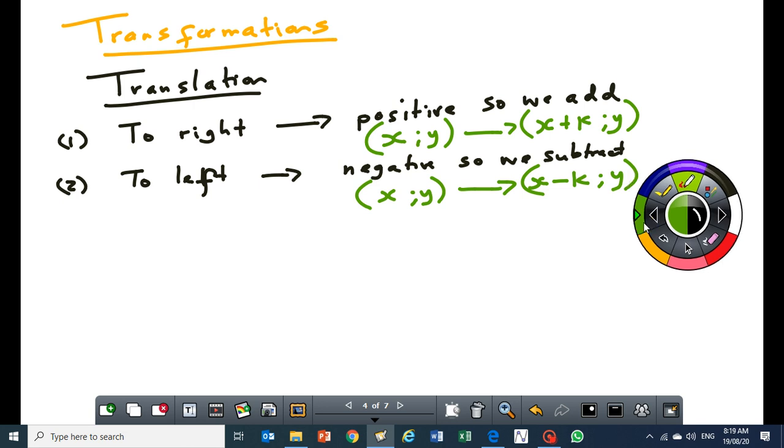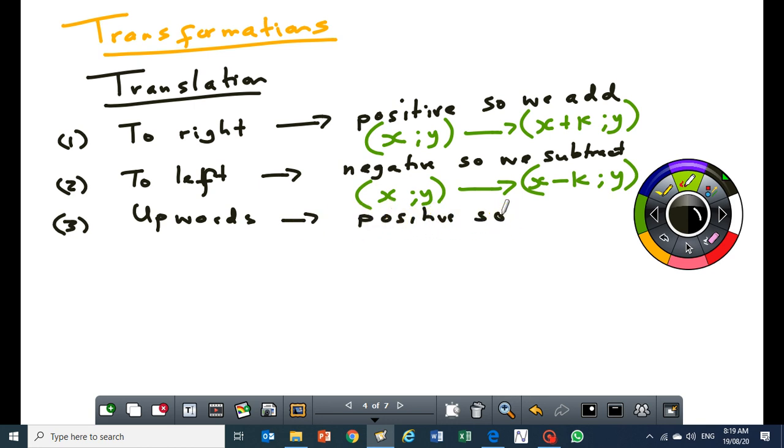Then number 3. So here I'll say upwards. Now when it's upwards, that's positive.